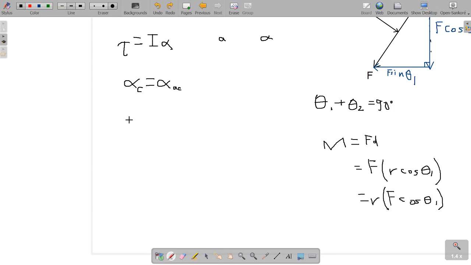What this means is that the moment in the clockwise direction will equal the moment in the anti-clockwise direction. Moments is basically your torque, the sum of all your torques.